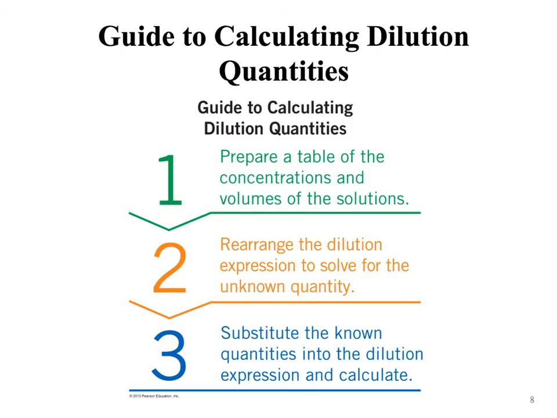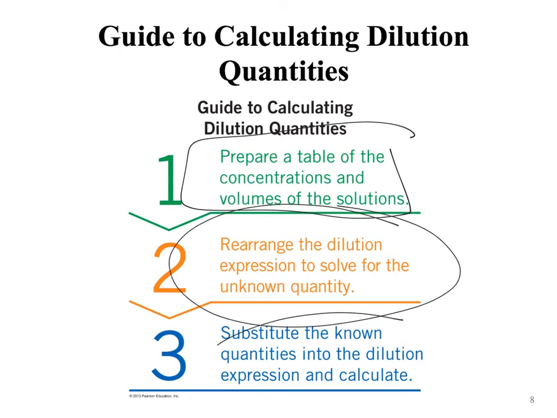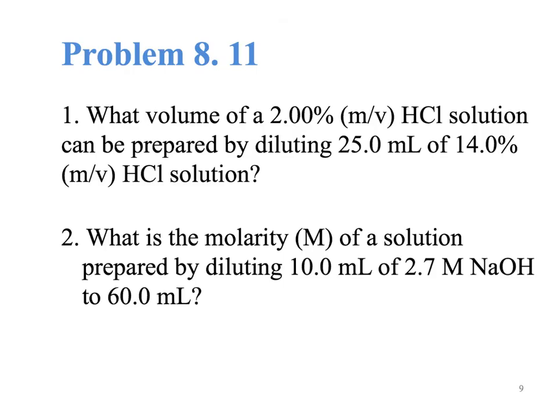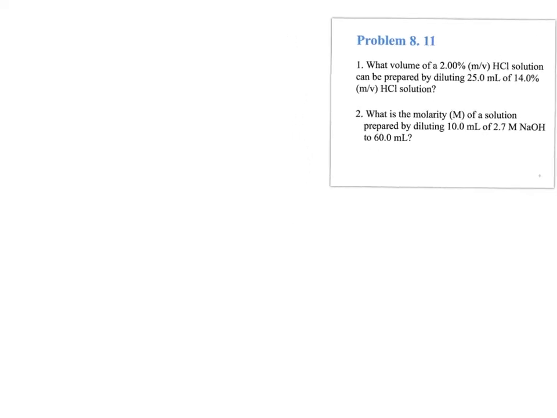We're going to be solving these types of problems. The first thing, we're going to prepare a table where we identify concentration 1 with volume 1, concentration 2 with volume 2, rearrange the dilution equation, and then do the calculation. So we're going to do a couple of problems together. The first one, what volume of 2%?